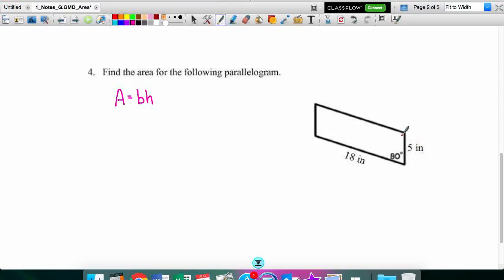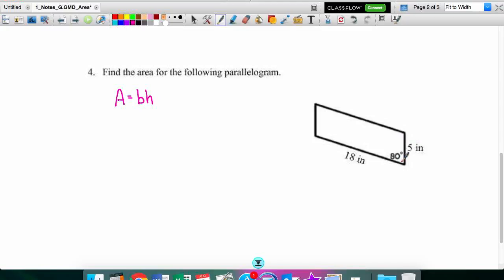Now be careful here, because it's not necessarily true that these 2 vertices will connect perfectly horizontal. So if you want to make a perpendicular here, you'd have to just drop it here, and you're not really quite sure what that entire length is.